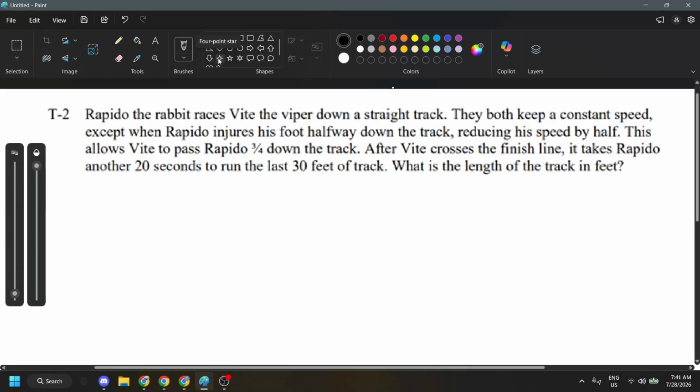So when Vite crosses the finish line, Rapido has another 20 seconds left and another 30 feet left. So Vite speed times Vite time is equal to the length of the track.